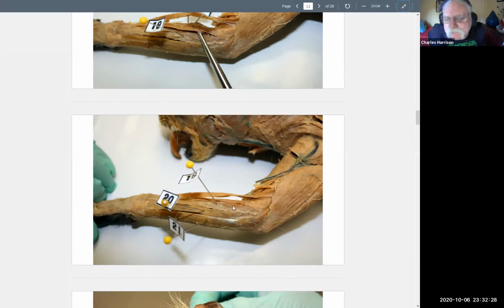That's extensor digitorum communis. Okay, you can see it because here's the brachioradialis. Here's the muscle underneath it, and it's not labeled. That's the extensor carpi radialis, extensor digitorum communis, extensor digitorum minimi, and the last one is the extensor carpi ulnaris. If I messed that one up. Extensor carpi ulnaris.